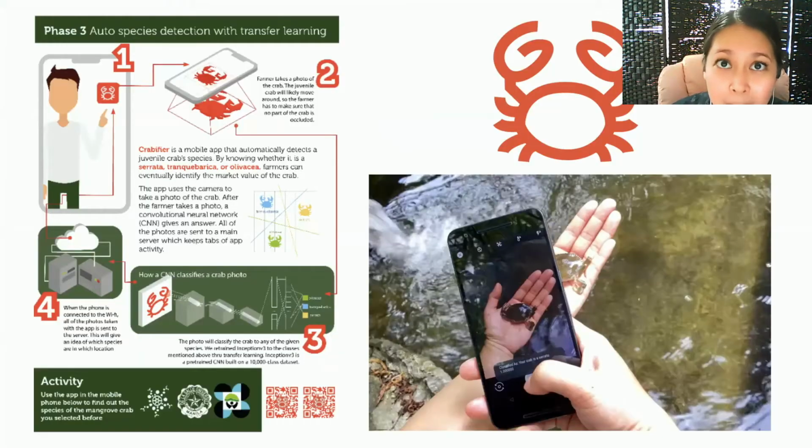So as a complement to this study, we were also able to create the application called Crabifier to identify juvenile crabs to species, to help our fishers verify crablets sold by traders, and to help them identify their preferred species.